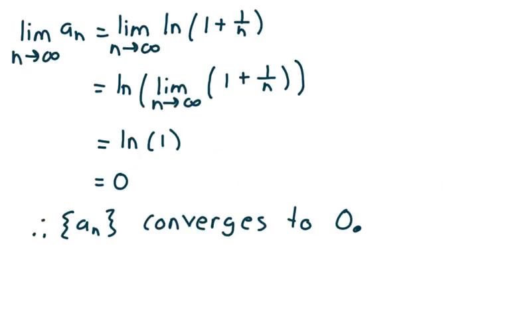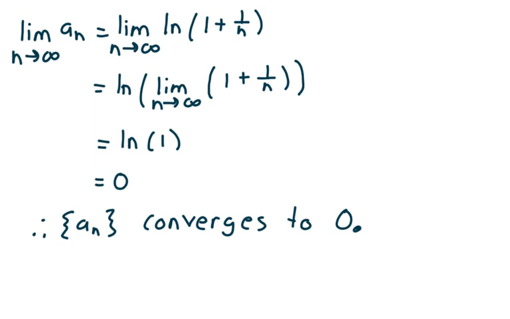This says that the limit as n goes to infinity of a sub n is equal to the limit as n goes to infinity of natural log of 1 plus 1 over n. But this is equal to the natural log of the limit as n goes to infinity of 1 plus 1 over n. And that's equal to the natural log of 1, which is equal to 0.